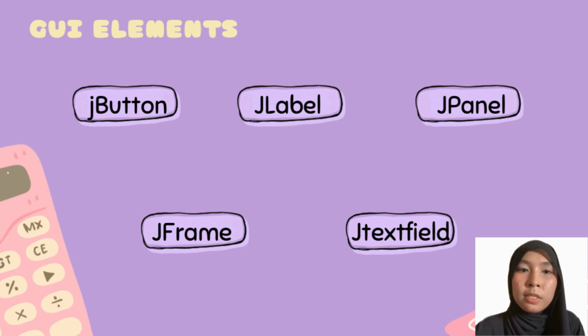Finally, the JLabel serves as a vital display-only component, used to present static text or labels throughout the interface, which significantly enhances user navigation and clarifies the function of specific calculator sections.